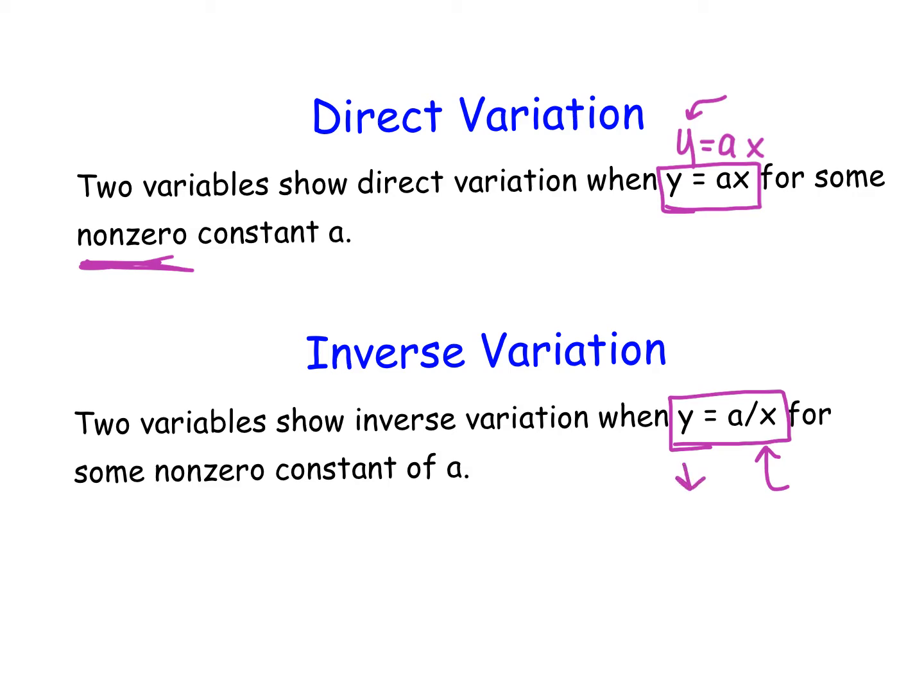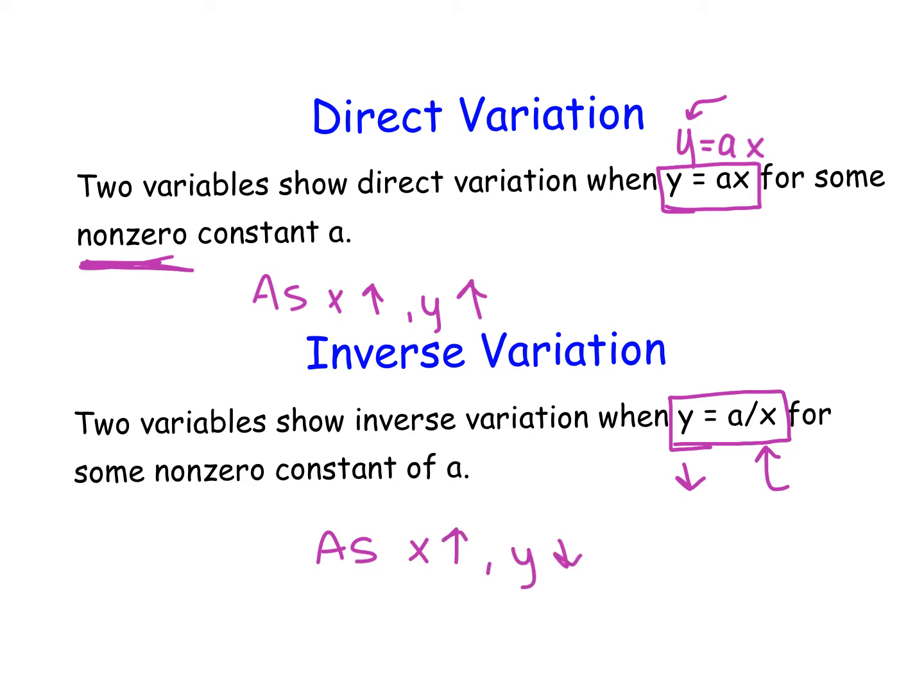So for example, if x was 2, it would be a over 2. But then if x was 4, it would be a over 4, which would make y smaller. So here, as x increases, y increases. But in an inverse variation, as x increases, y decreases.